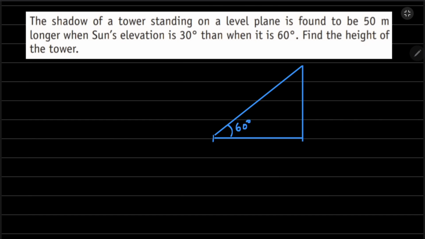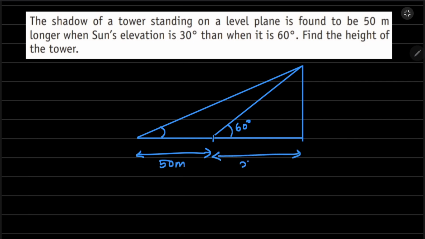What they are saying is the shadow length is 50 meters longer when the angle of elevation of the sun is 30 degrees. So this is 50 meters longer. Let the initial distance be x.